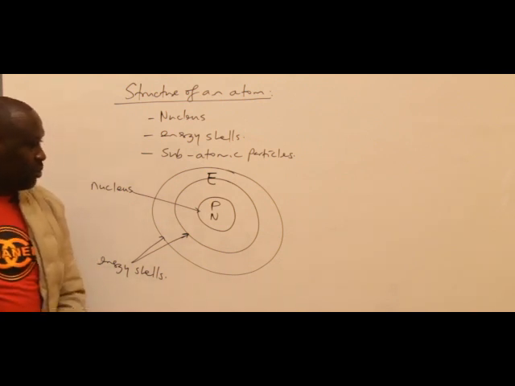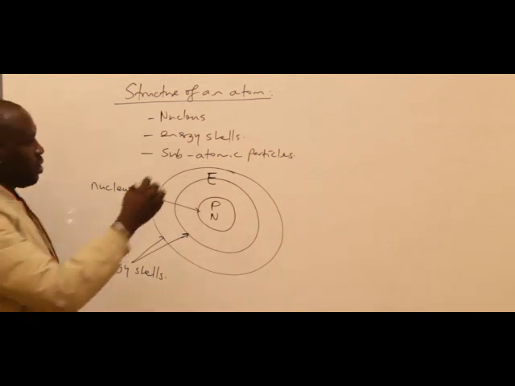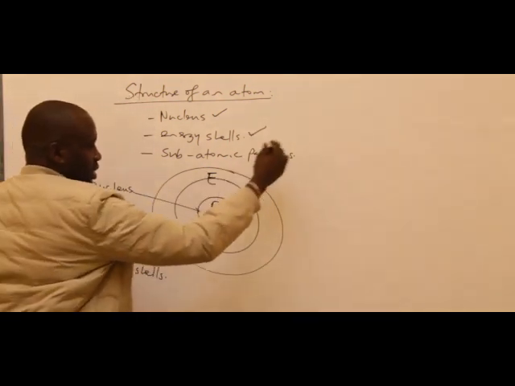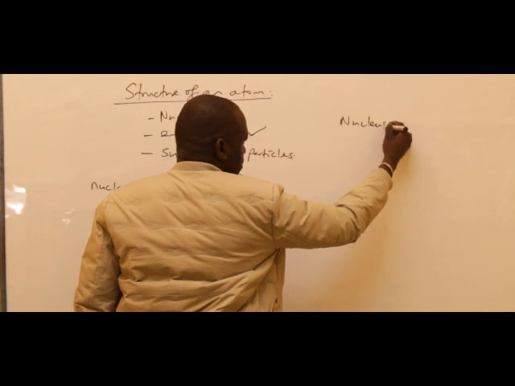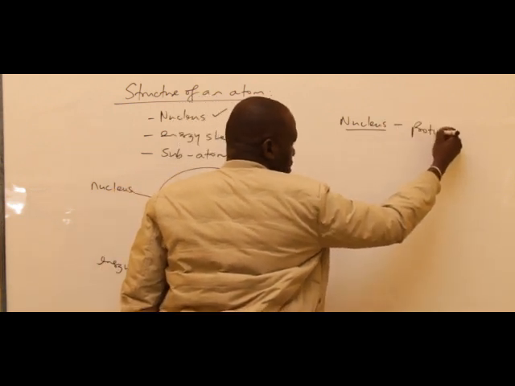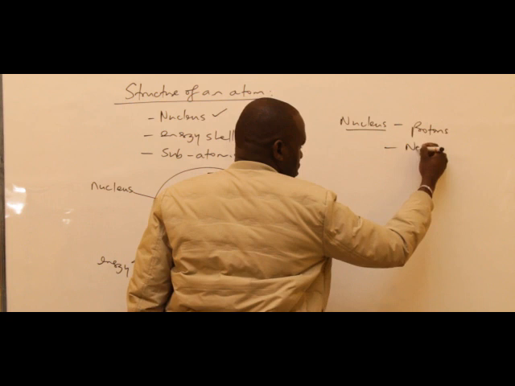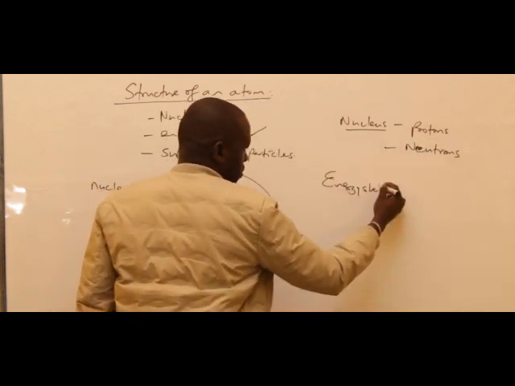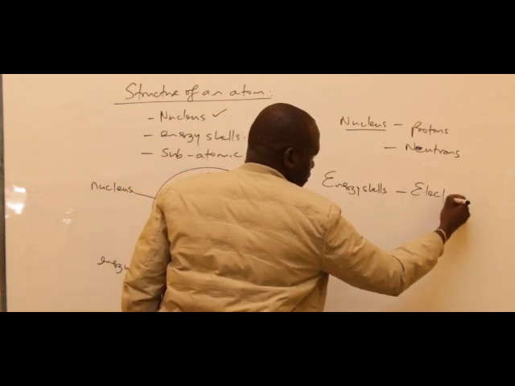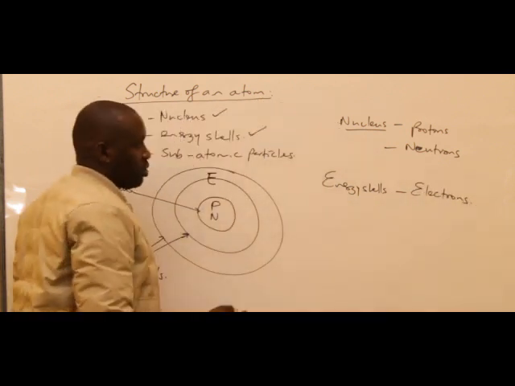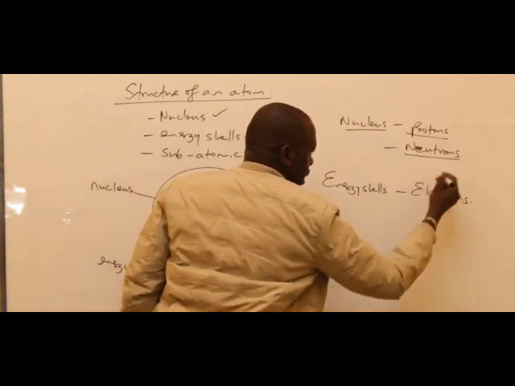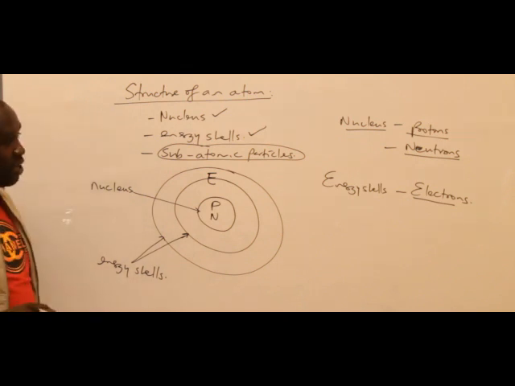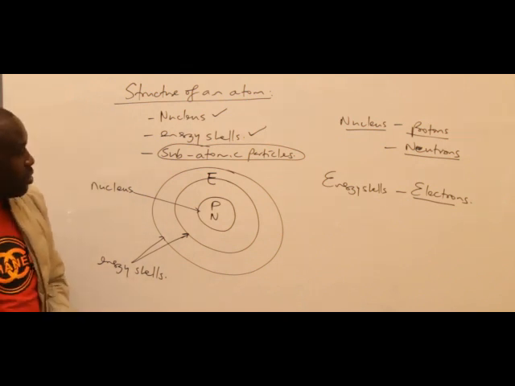Orbiting means they are moving. So protons, neutrons, and electrons are what we call subatomic particles. They are the smallest particles found inside an atom.